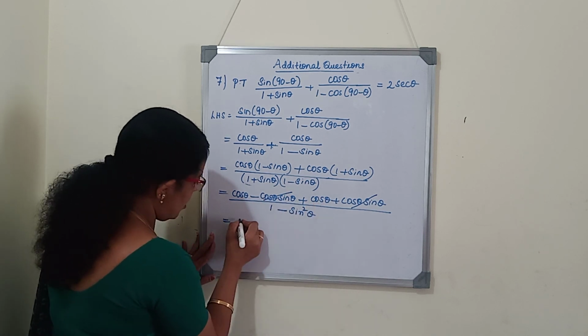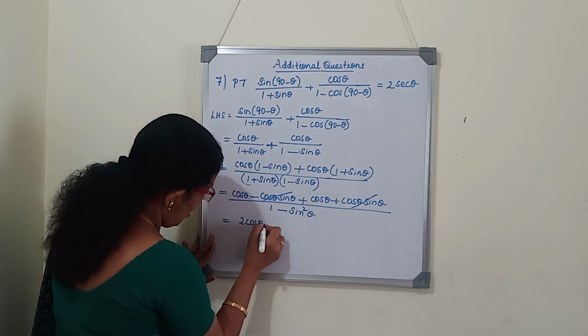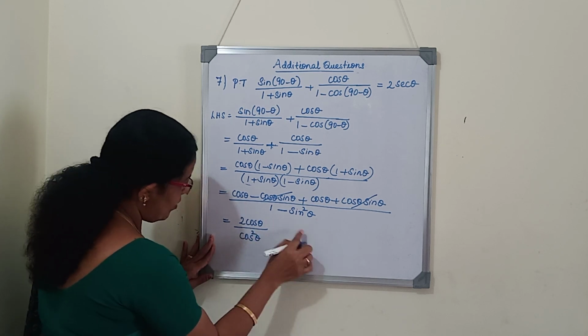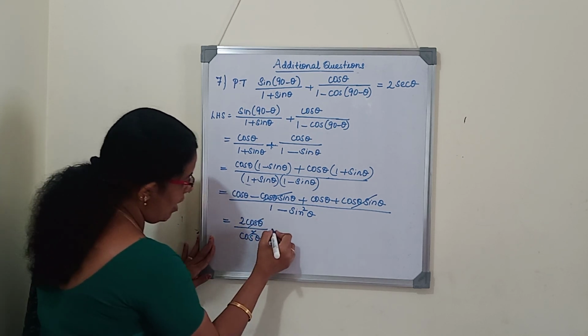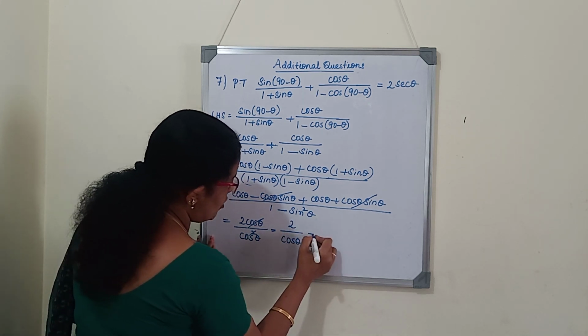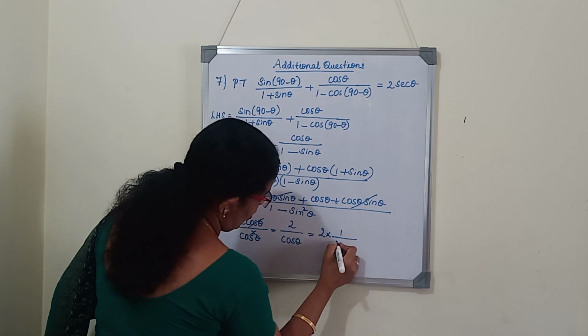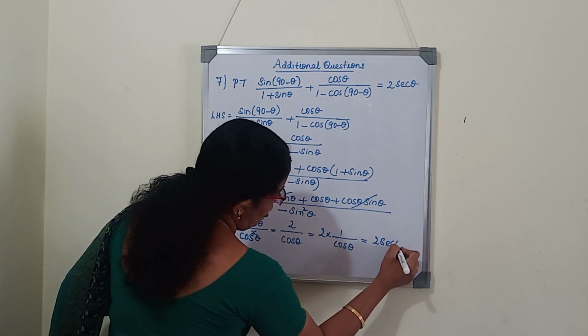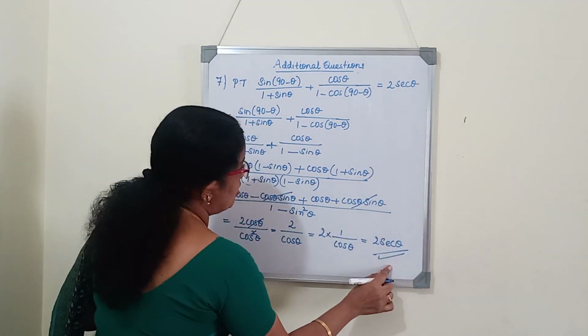Cos theta plus cos theta is 2 cos theta, and 1 minus sin square is cos square theta by the identity. One cos will cancel. We will get 2 by cos theta. 2 by cos theta is nothing but 2 into 1 by cos theta, and the reciprocal of cos theta is sec. So 2 sec theta, and that is the RHS.